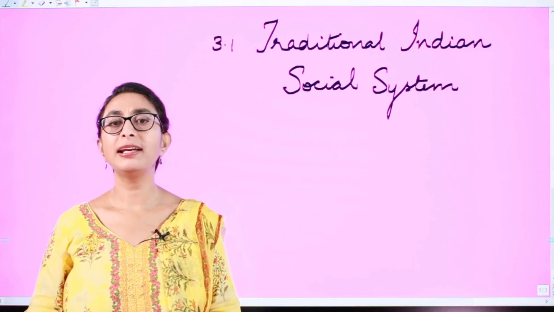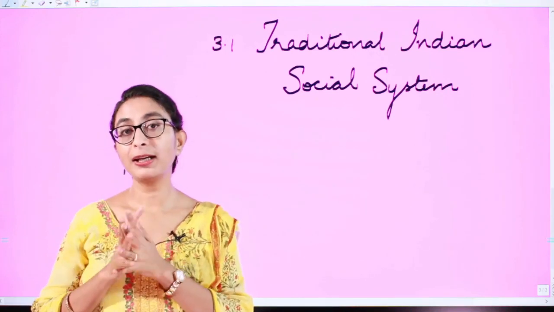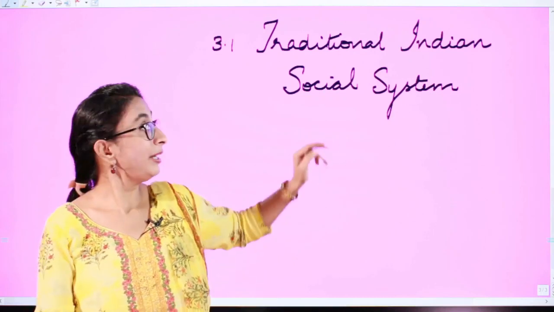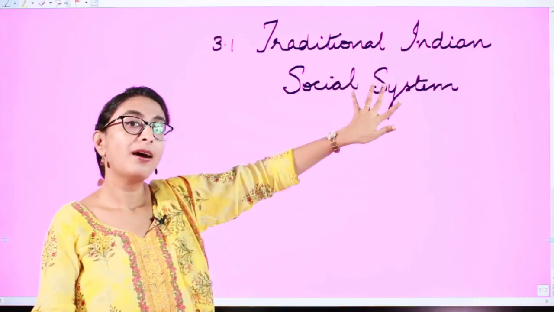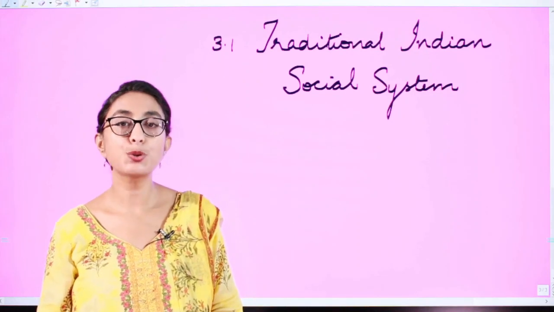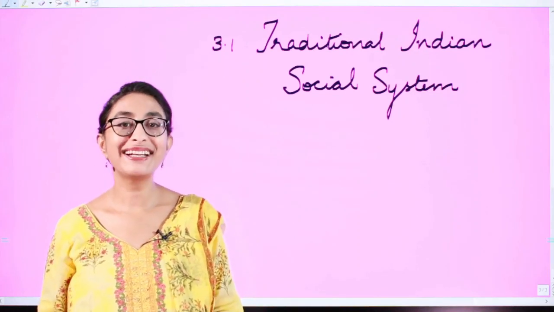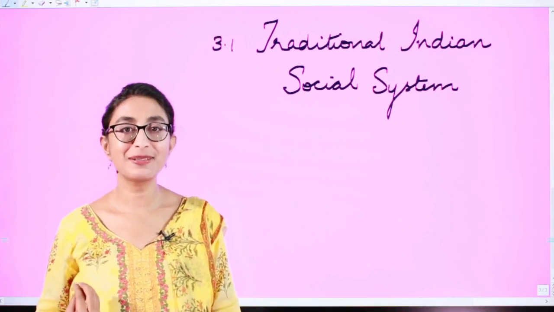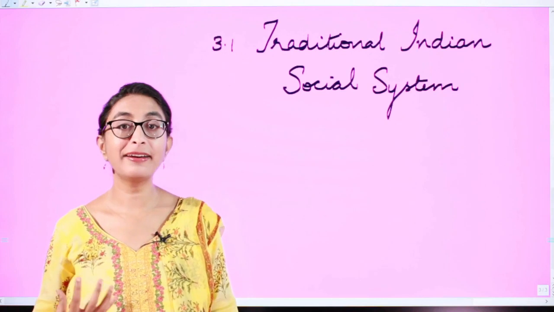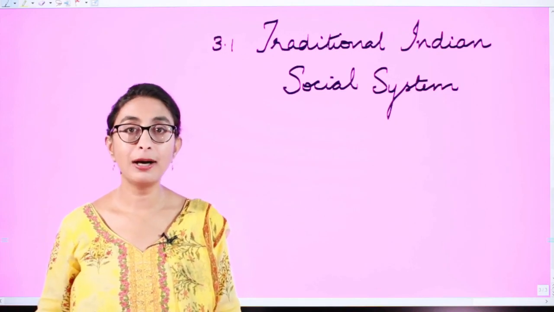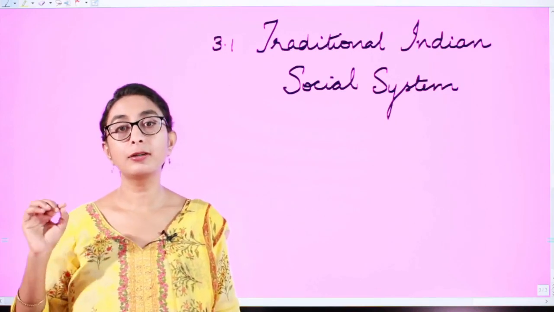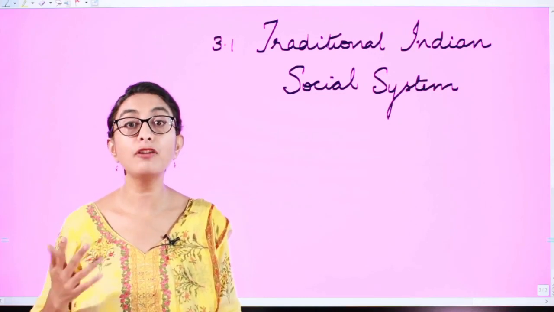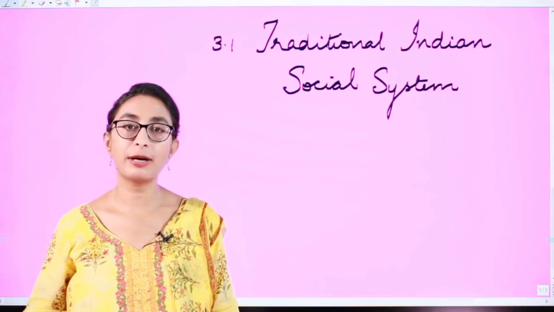So we have so many religions, but still when we speak from an anthropological perspective as per our anthropology syllabus, when we mean Indian social system, we are referring to the Hindu social system. So fortunately, we will be studying only the basis of the Hindu social system, like the Purushartha, Rina, Rebirth, Ashrama, Karma, and all this. And we will not be going into the traditional basis of other religions like Christianity or Islam and so on.